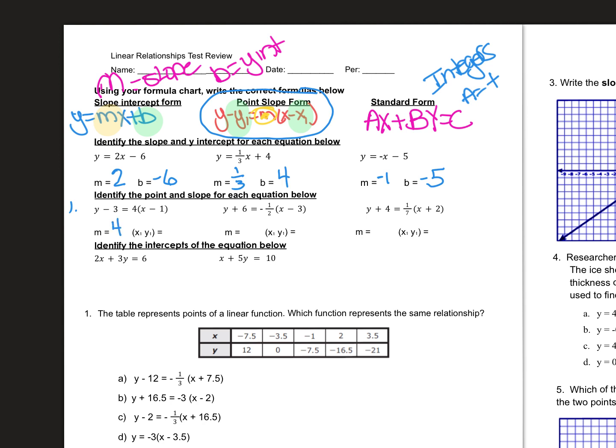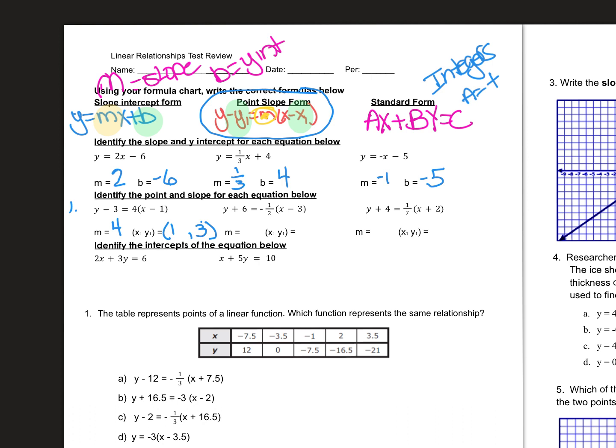Now with our points, just be mindful that that subtraction sign is part of the equation. So once again, I'm looking at my star chart, looking at the formula. My x, well, that subtraction is part of the equation, so my x really is going to be 1, and my y is going to be 3.